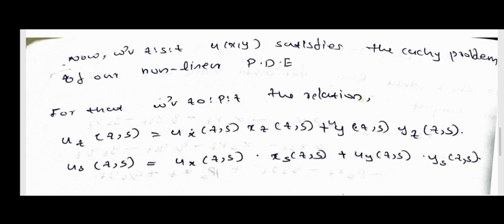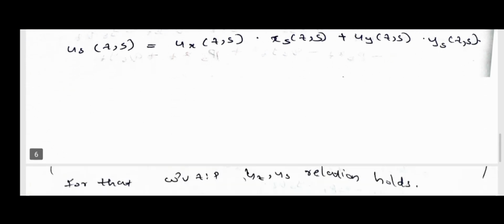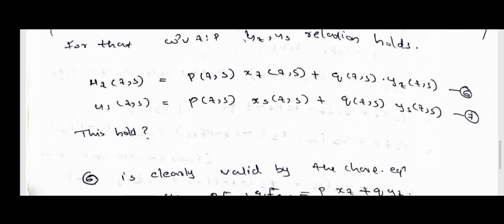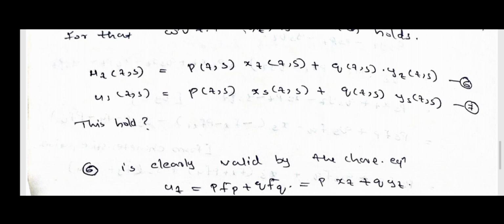For that we have to prove that the u_t and u_s relations hold. u_t of (t,s) is equal to p of (t,s) into x_t of (t,s) plus q of (t,s) into y_t of (t,s). This is equation number 6. And u_s of (t,s) is equal to p of (t,s) into x_s of (t,s) plus q of (t,s) into y_s of (t,s). Now we have to prove this relation holds.